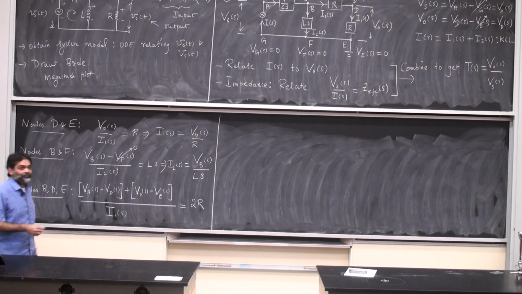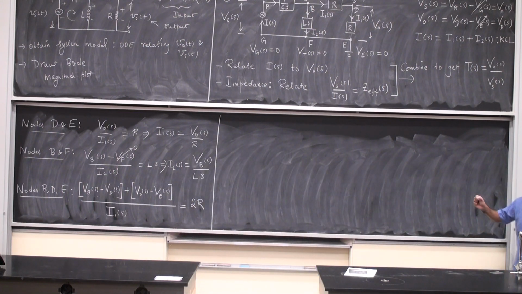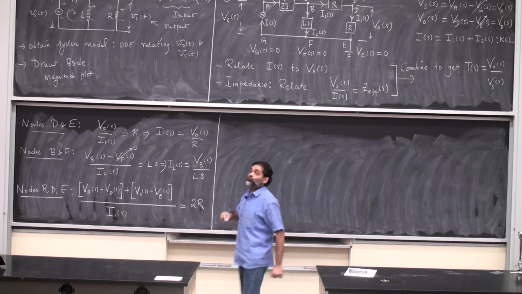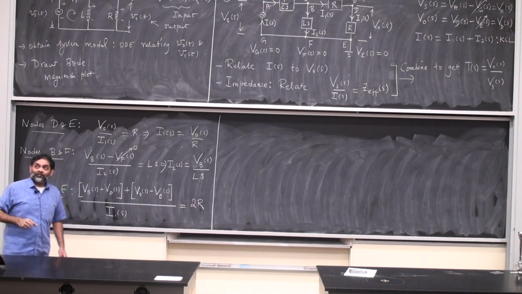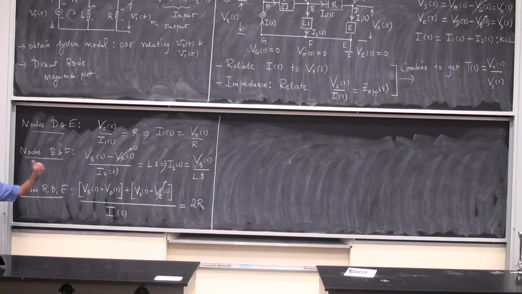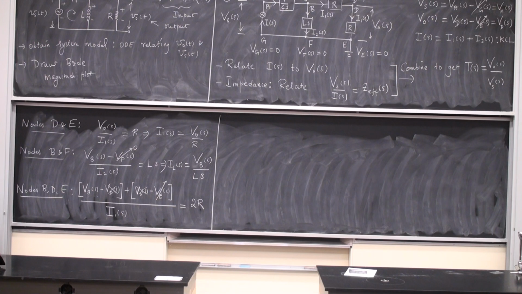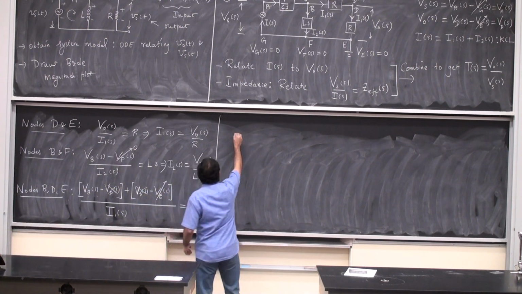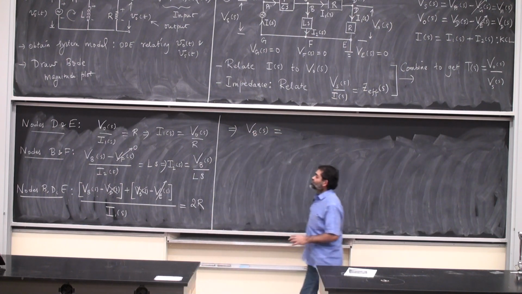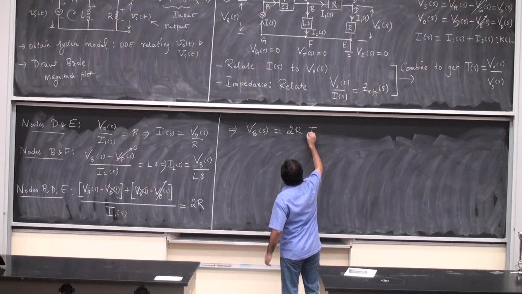Does this make sense to everybody? This is the critical step here. Why am I focusing on those three nodes? Because voltage VB is defined at the node B, and between D and E I have the output voltage V0. Okay? And obviously VE is 0. I have plus VD, I have minus VD, so those two cancel off. And so I have VB is equal to I1 times 2R.